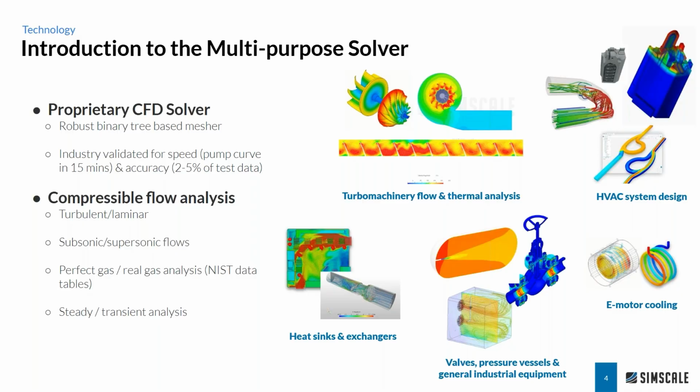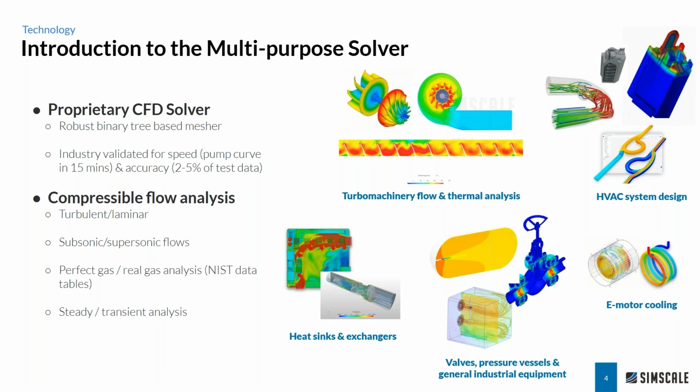What's key about this solver is that generally when you talk about compressible flow analysis, it can be a bit tricky in terms of the numerous physics and thermodynamics involved. And from a CFD perspective, getting a converged, stable solution can also require a lot of fine tuning.